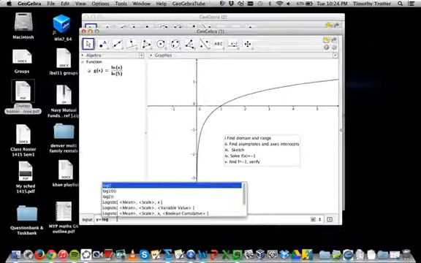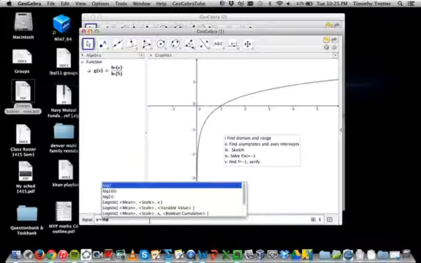If you're going to do something other than those bases, you have to type in the change of base formula. If you have log base 5 of x, you can take the log of x in the numerator and the log of 5 in the denominator, and that'll graph log base 5 of x. It doesn't matter if it's log or natural log.